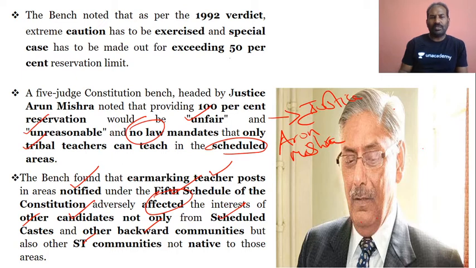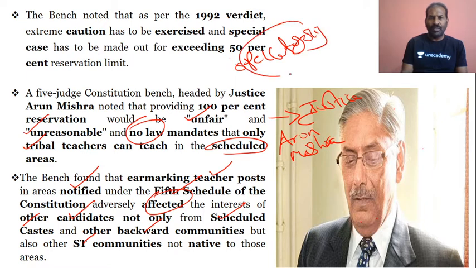And what the bench has also said is that when we are saying 100% reservation is not accepted, it is unfair and unreasonable, we are not just talking about reservation only for the ST or for the open category people. They have mentioned that it would be affecting the interest of the scheduled caste, scheduled tribes, and other backward communities.